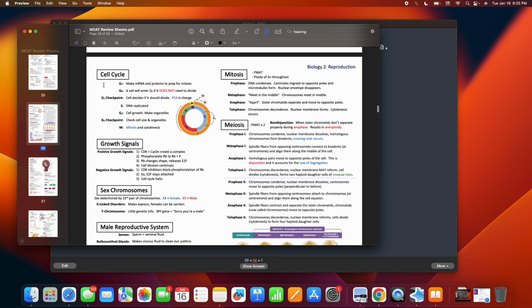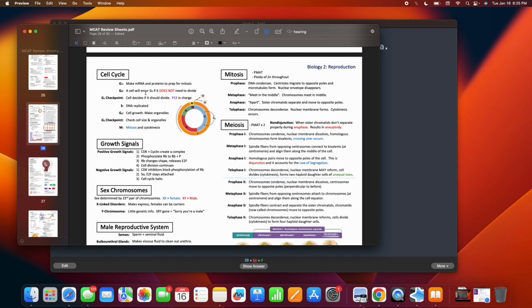So we do have a cell cycle which consists of these phases. G1 is making mRNA and proteins to prep for mitosis. We have G0, as a cell will enter G0 if it does not need to divide.